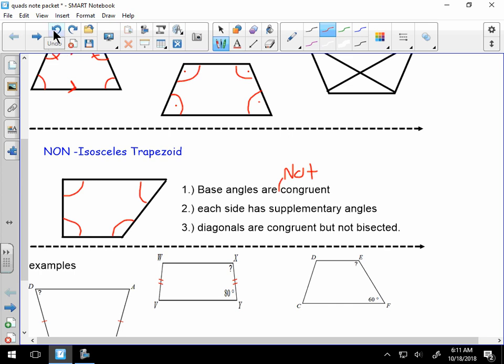So make sure you put "not" and do whatever you want to help you remember. Each side does have supplementary angles. This side adds up to 180, which looks like our co-interior angles, and then these add up to 180 on this leg. So this works.